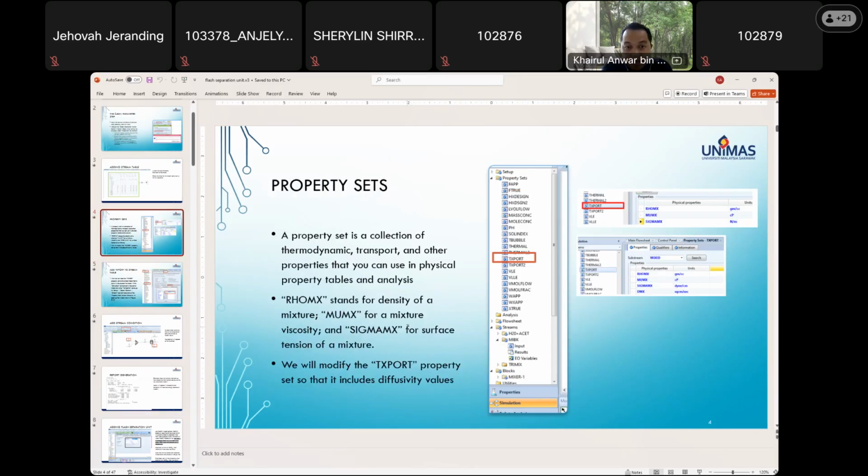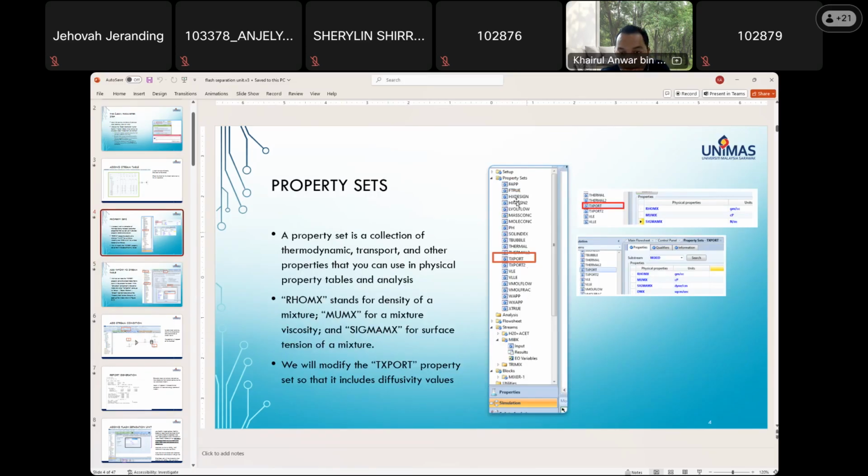A property set is a collection of the thermodynamic, transport and other properties that you can use in a physical property table. This is under simulation one.